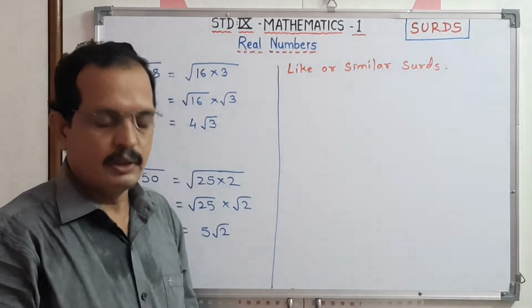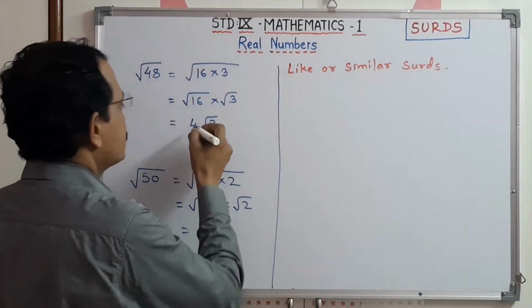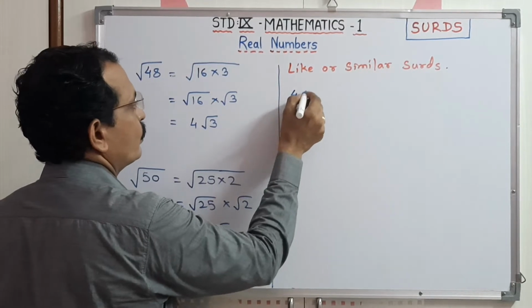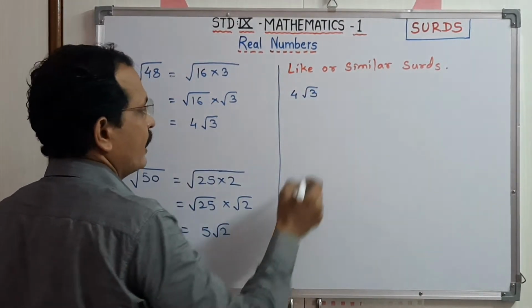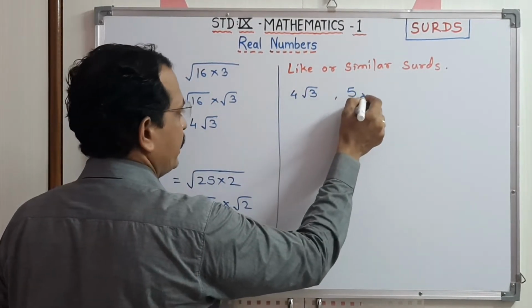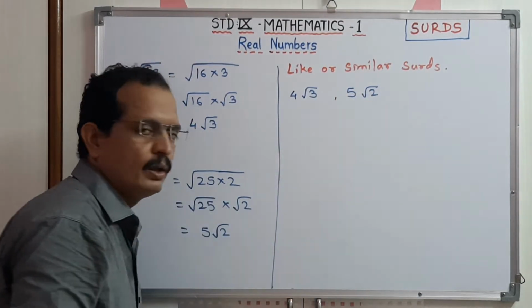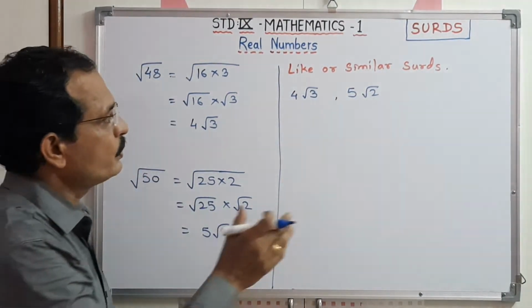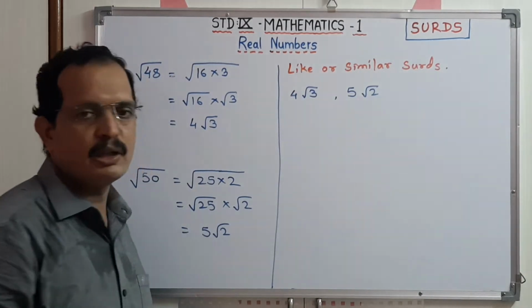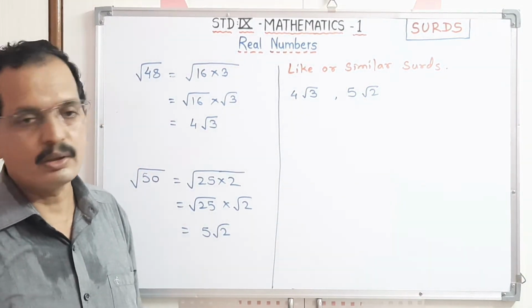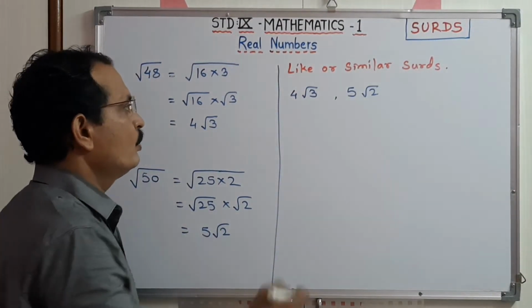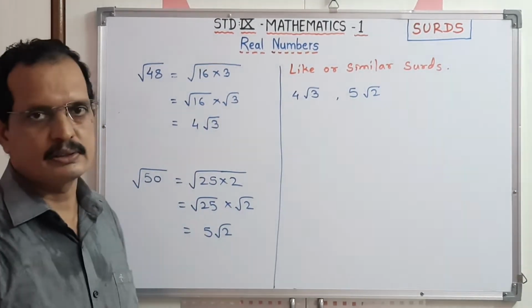Now dear student, suppose 4 root 3 is one surd, and the second is 5 root 2. If we have to decide whether these two surds are similar or not, then what do we have to see? We have to see the order of the surds.